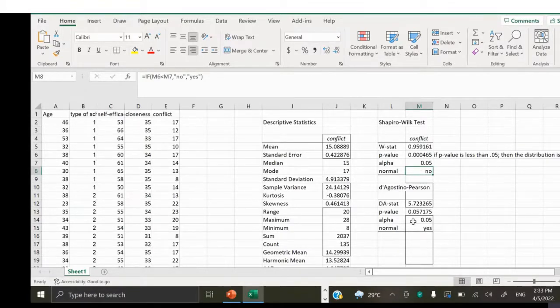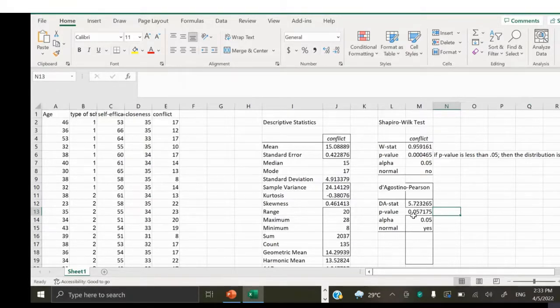However, it contradicts D'Agostino-Pearson. D'Agostino-Pearson is another statistical test of normality. Here, it says the same thing: if the p-value is less than 0.05, then the distribution is not normal.